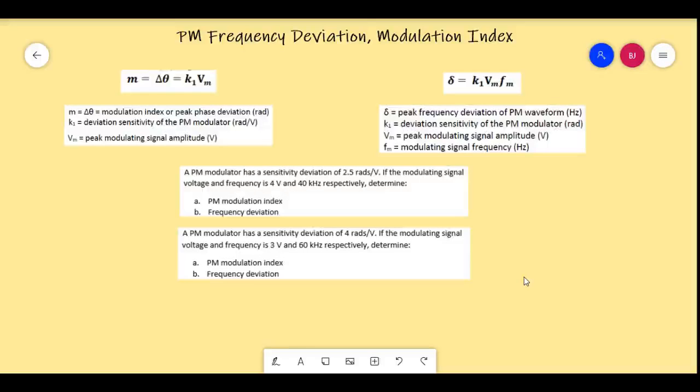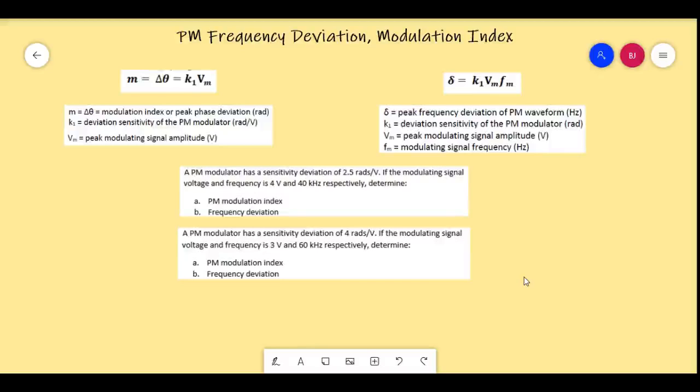So this would be a bit different, although we already studied before that there are quite many similarities between FM and PM, but there are also distinct differences between them. First and foremost, the modulation index in phase modulation is actually the same as the phase deviation. Technically, if you get the phase modulation or the change in phase in PM, that would also be its modulation index.